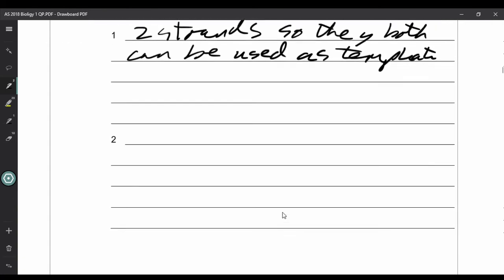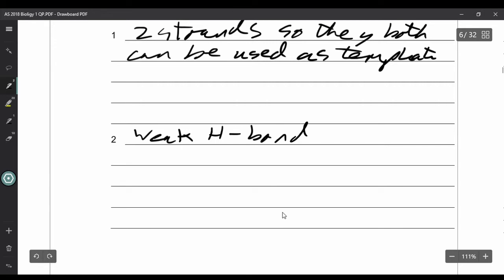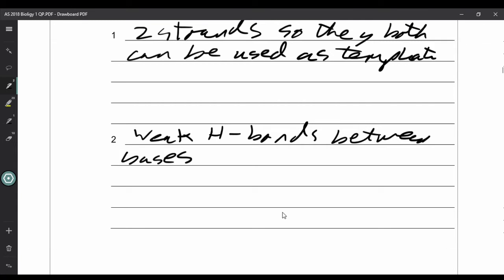So the second feature is there's weak hydrogen bonds between the bases. Again, that is giving the feature, but it's not explaining why that's important for the semi-conservative replication of DNA. So you've got to explain it.